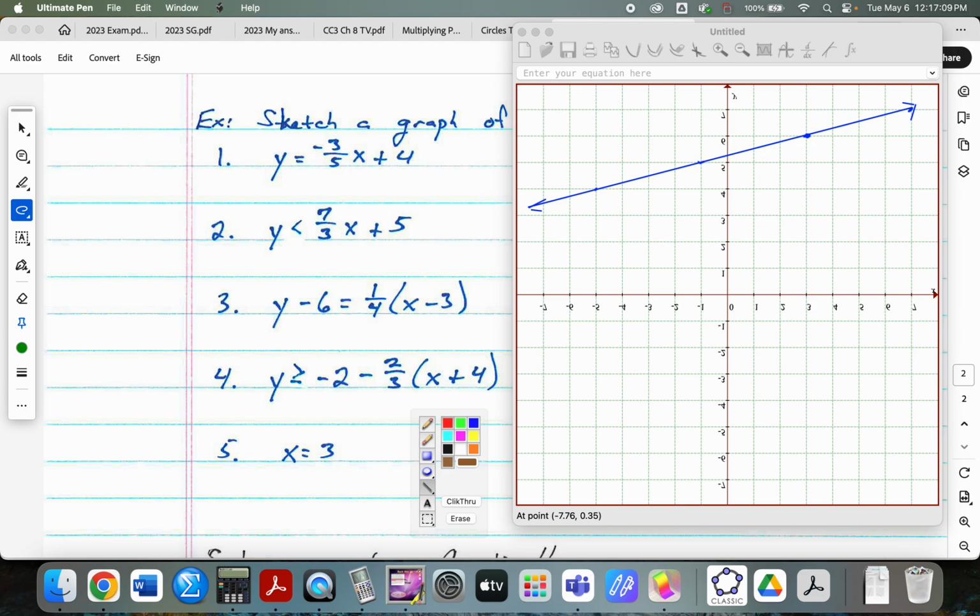So I started at the point +3, +6. Okay? And then from there, I did the slope of 1/4.